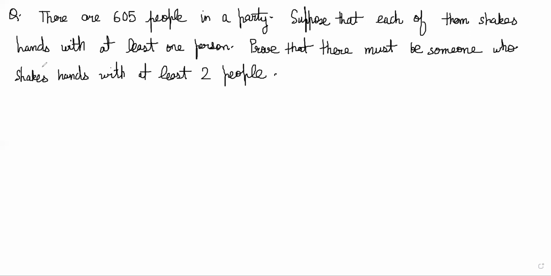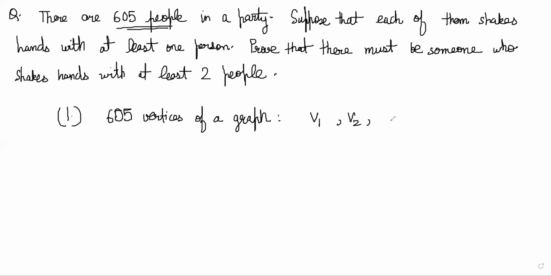Okay, so the first step in that is to model the question as a graph theory question. How do we do that? Let's think about the 605 people as 605 vertices of a graph. So the vertices will be labeled V1, V2 till V605, right?